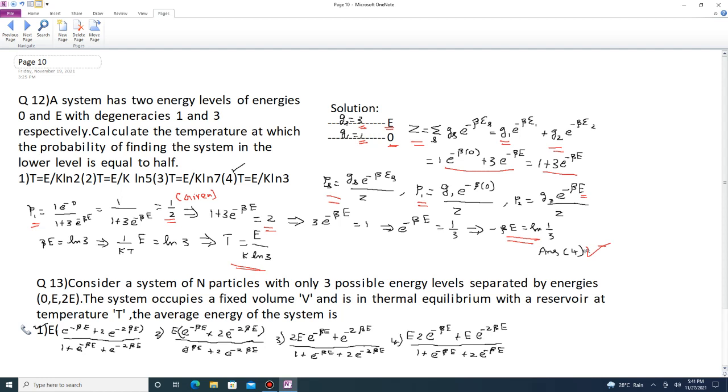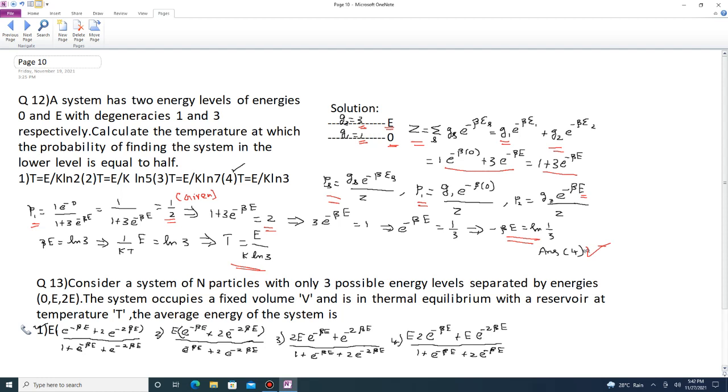We take the next problem. Question number 13. Consider a system of n particles with only 3 possible energy levels separated by energies 0, E, 2E.